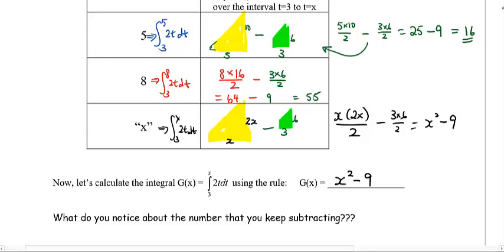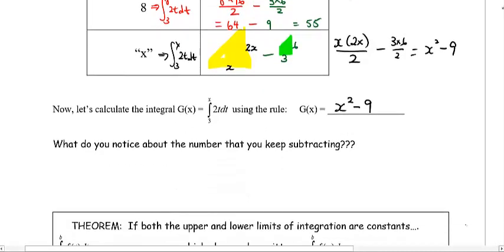And the question I have for you is, what do you notice about that number you keep subtracting? That 9, yeah, it is the same. So 9 is a constant, okay? And it represents what?